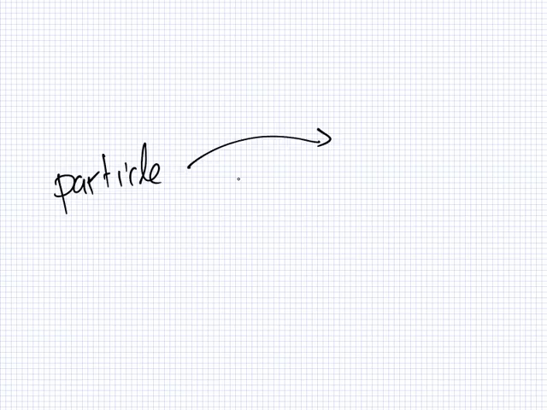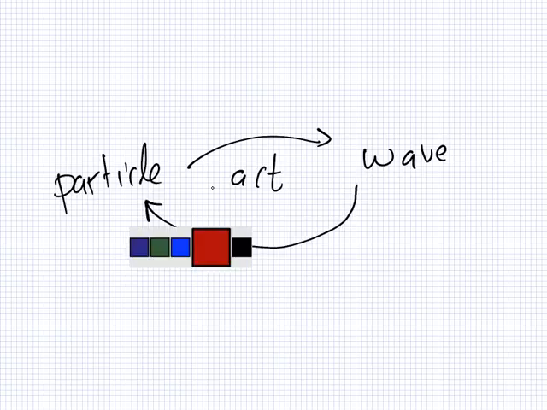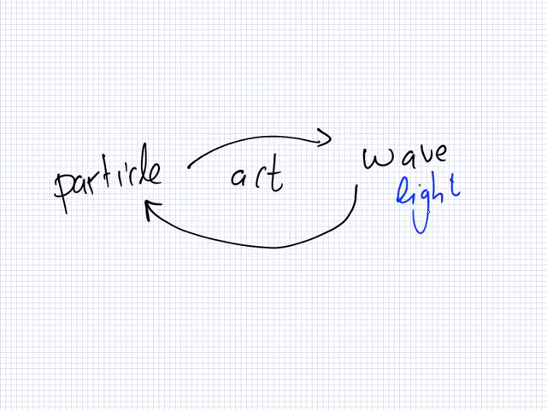So a particle can sometimes act like a wave, and a wave can sometimes act like a particle. So for example, light is a wave, but it can act like a particle because you can have a minimum of light. It's not really a particle, but it pretends to be a particle.